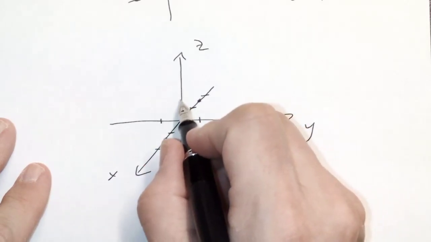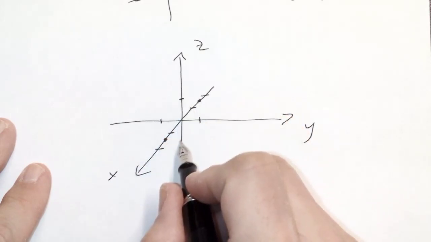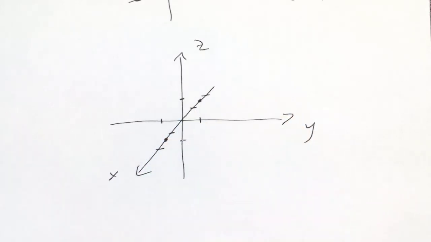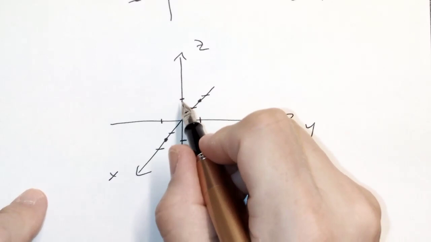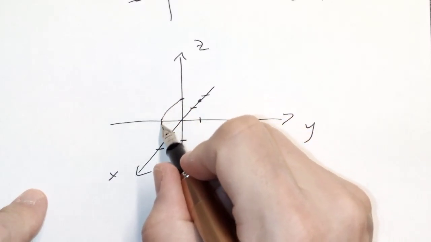I cross the z-axis at 1 and negative 1. Ready? I'm going to draw the YZ trace first, because the YZ trace is a circle and the YZ plane is the piece of paper. So I can say that the YZ trace is this circle.